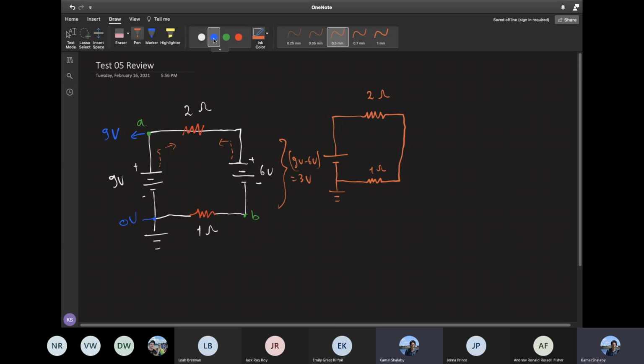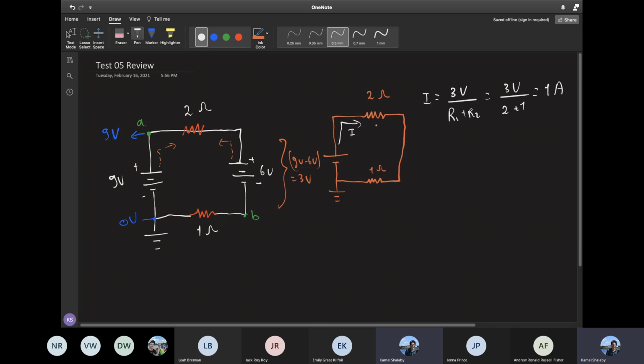If you want to find the current going through here, I will be equal to the overall potential, which is 3V, over the sum of the resistors, R1 plus R2: 3V over 2 ohms plus 1. So it's just going to be 1 ampere.